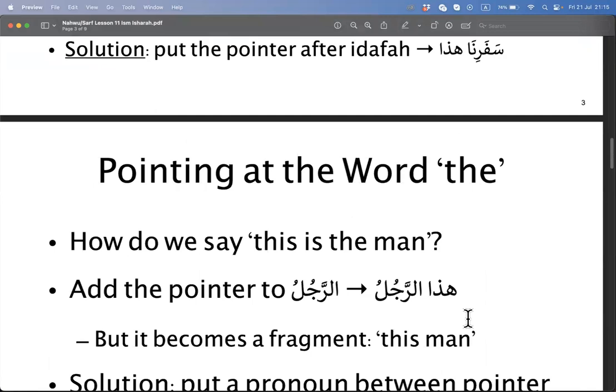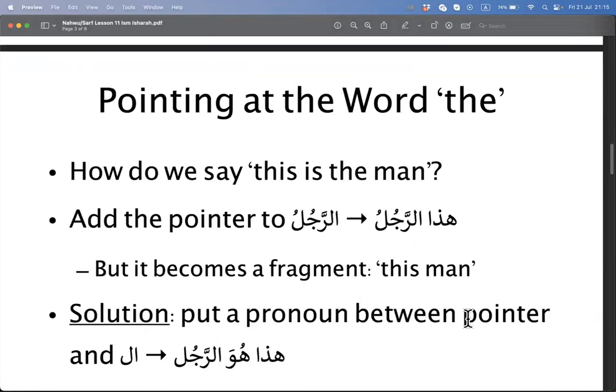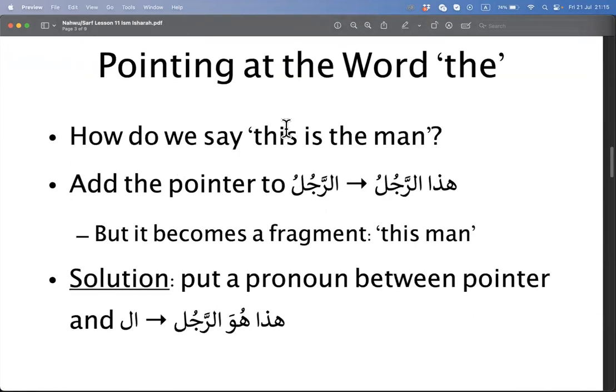If you want to point at the word "the," how do we say "this is the man"? So now we want to make a sentence. The man in Arabic is ar-rajul. So if I put hadha ar-rajul, hadha plus al becomes a sentence or a fragment?